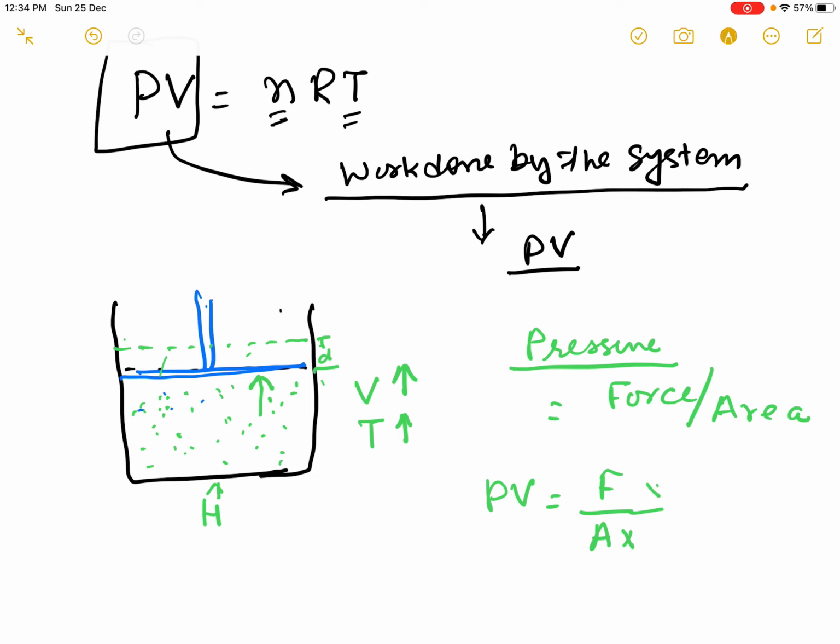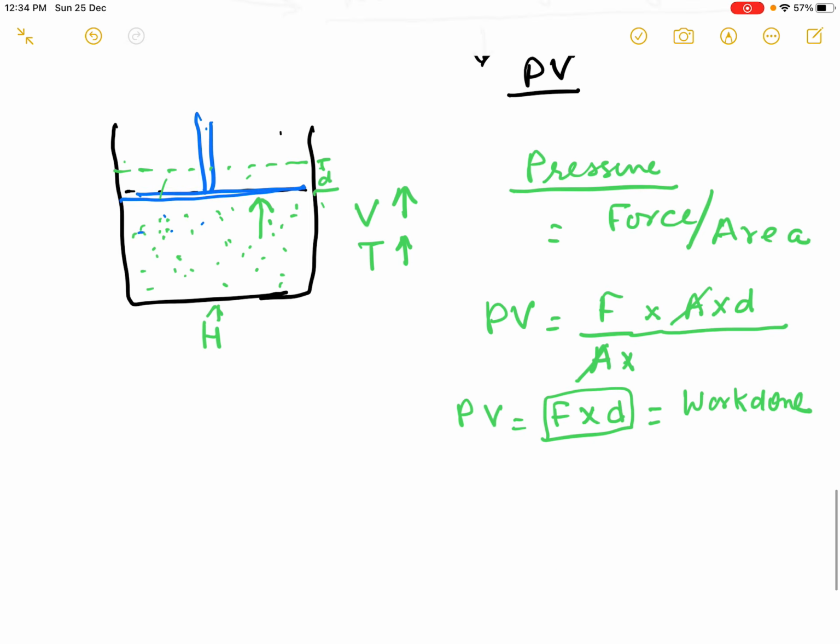Volume is area into distance. So A cancels out with A, and we are left with PV is equal to force into distance. And force into distance, we have studied in our earlier classes that it is the work done. So the significance of PV is equal to the work done by the system when any of the parameter is changed.